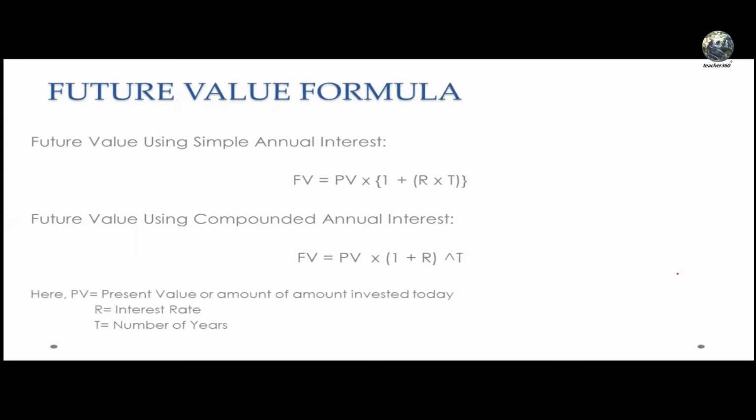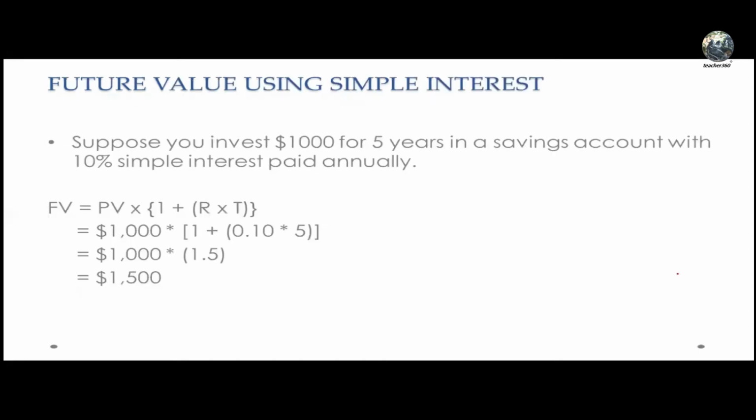So in this formula, FV is future value, PV is present value or amount of money invested today. R is interest rate. T is number of years. Future value using simple interest.